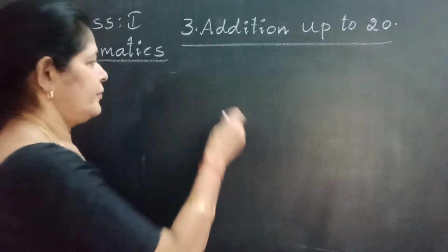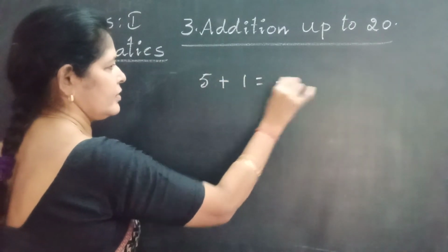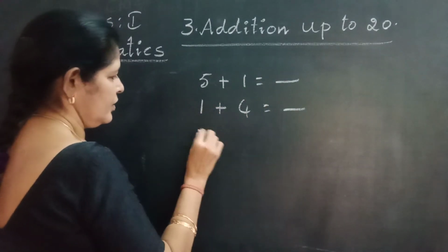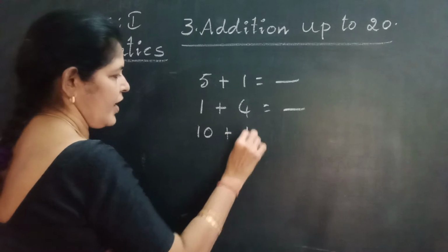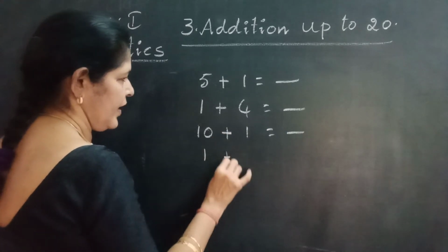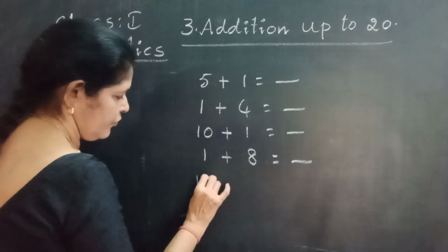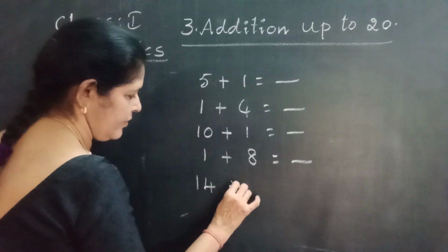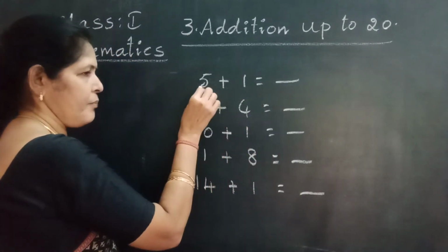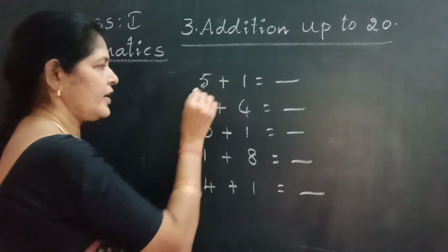Going forward. 5 plus 1, 1 plus 4, 10 plus 1, 1 plus 8, 14 plus 1. Here we add 1 to a number. The total is the number after the given number.